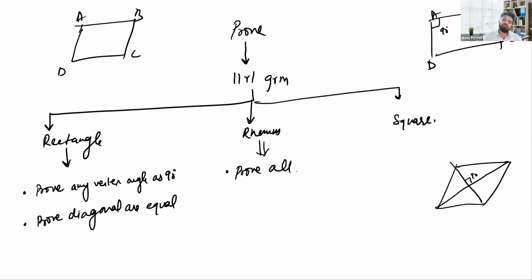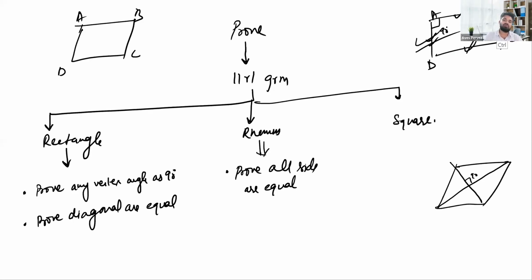Either you can prove all sides are equal. In a parallelogram, opposite sides are equal, so that will be given because ABCD is a parallelogram. But if you prove that AB is also equal to AD, any two adjacent sides equal, then it is a rhombus. Adjacent means this side and this side; opposite sides are this and this.